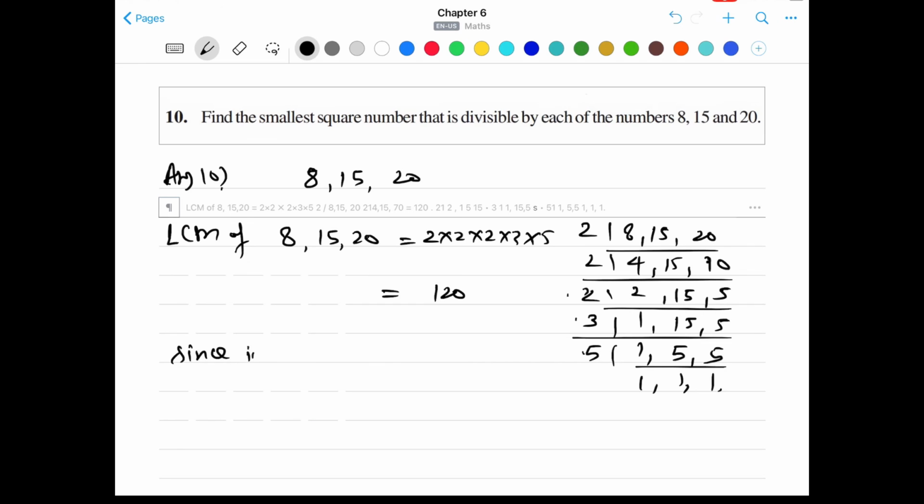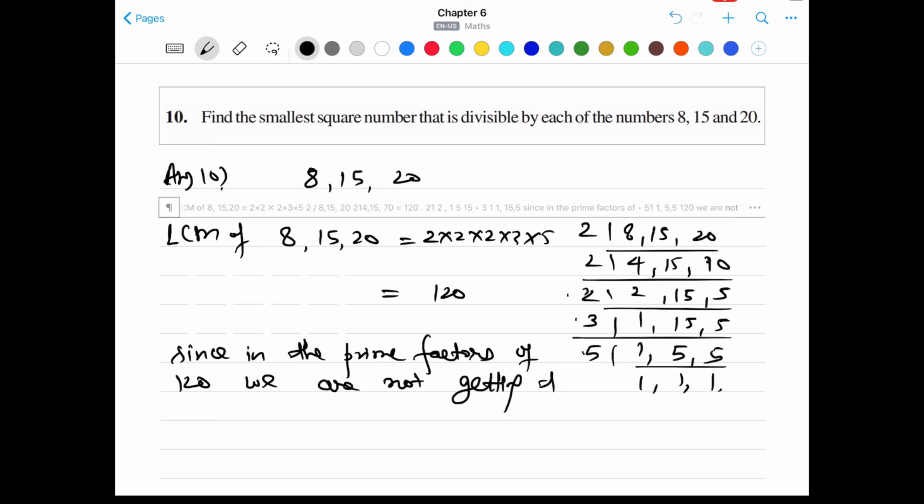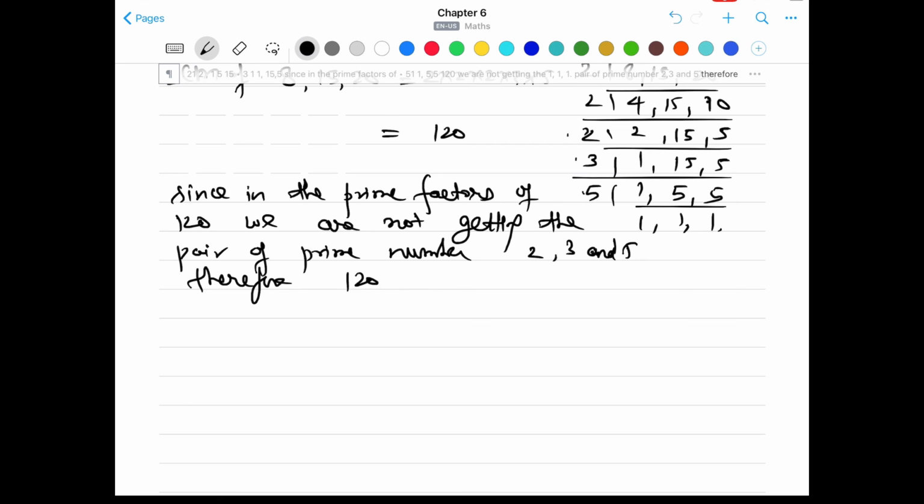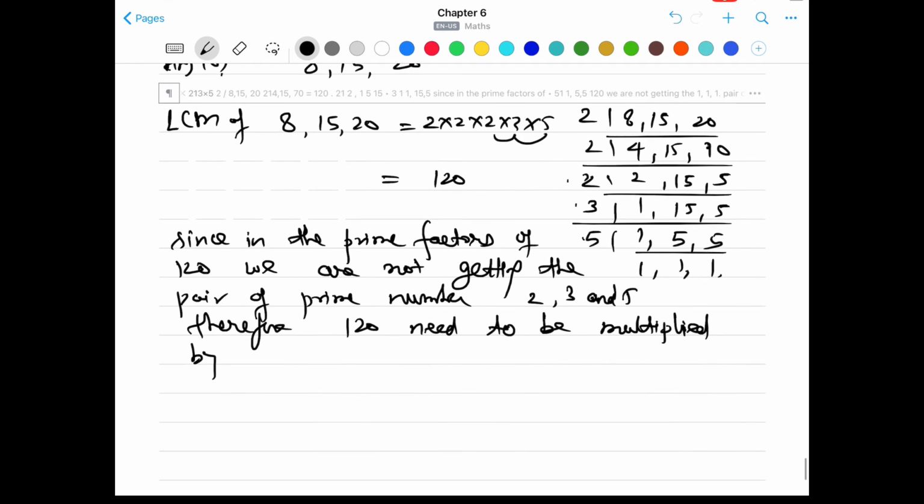So, since in the prime factors of 120 we are not getting the pair of prime numbers 2, 3 and 5, therefore 120 needs to be multiplied by, so we'll multiply these numbers: 2 into 3 is 6, 6 into 5 is 30.